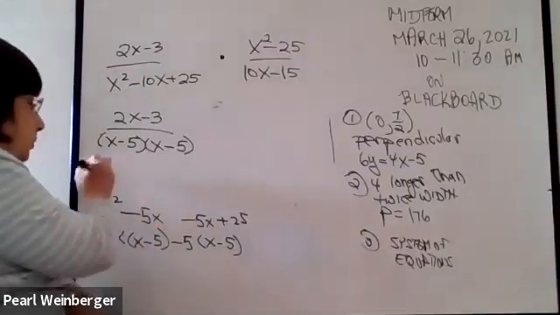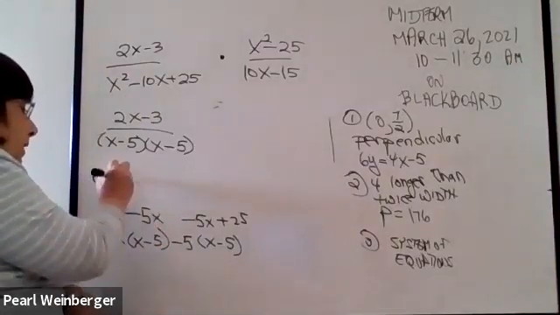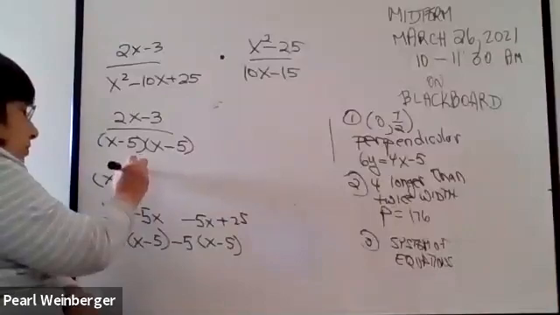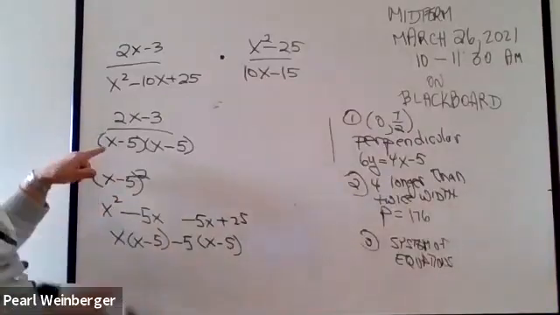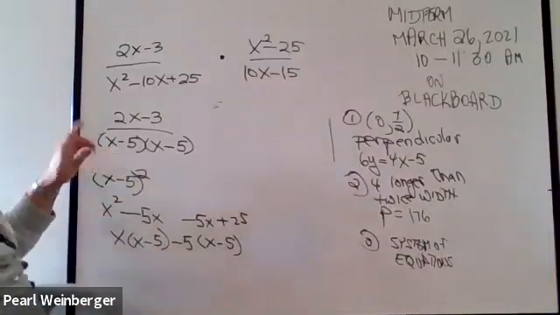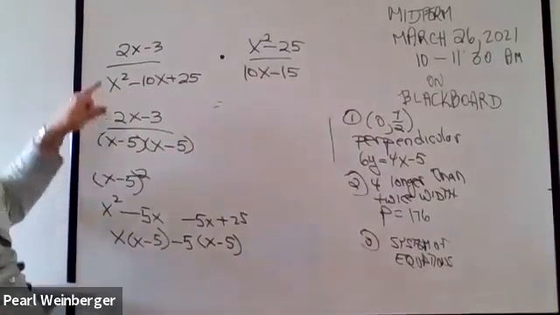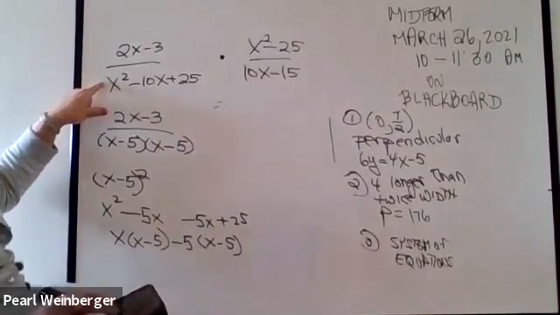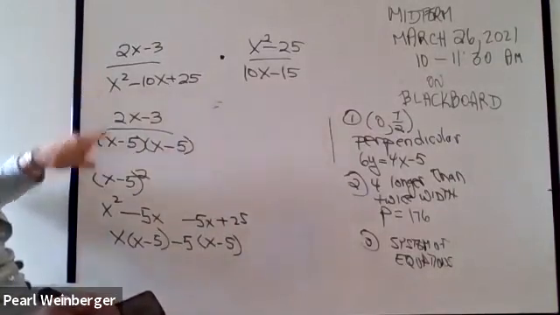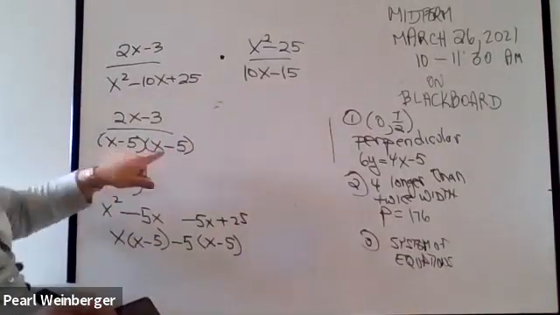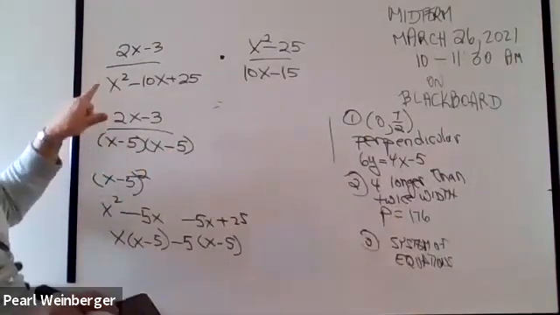Or you could have said it's x minus 5 with a square on the outside. But for doing this example, it's better to have them written out. This is a perfect square binomial because it factors into two binomials that are identical.